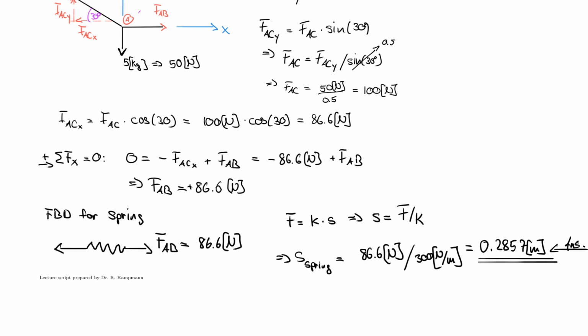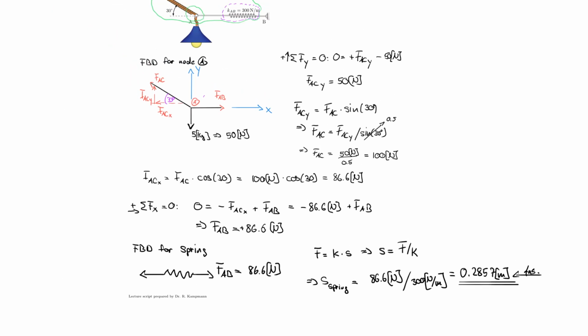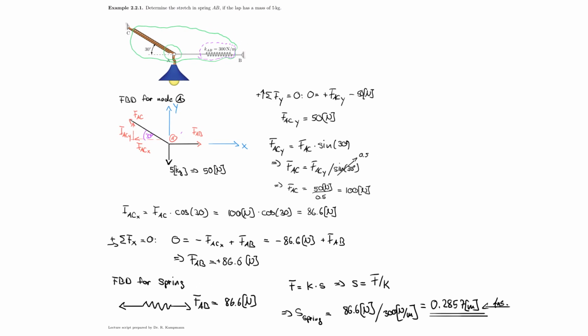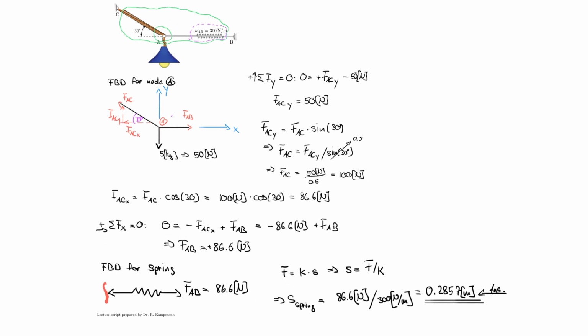And I now solved the spring constant problem, which hopefully learning by doing here applies. And we can now see that we only needed to worry about the spring constant once we found the force in the spring, right?